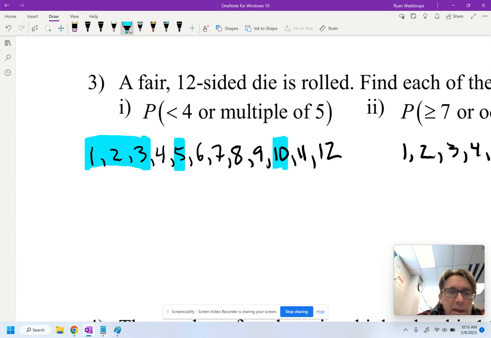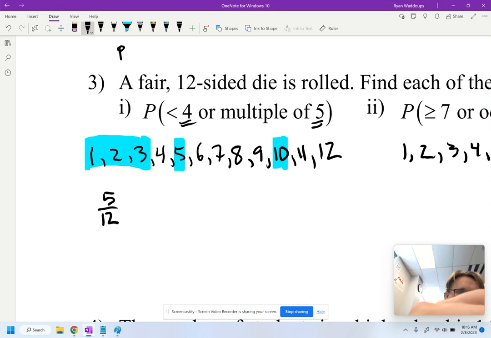So here you can see that the probability of those two things happening are 1, 2, 3, 4, 5. That's 5 out of 12. And there's not a number that is both of these, both less than 4 and a multiple of 5.